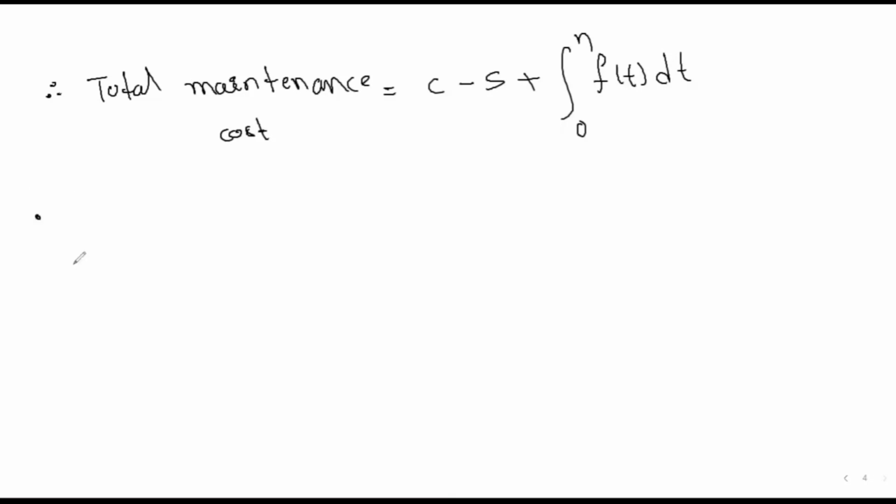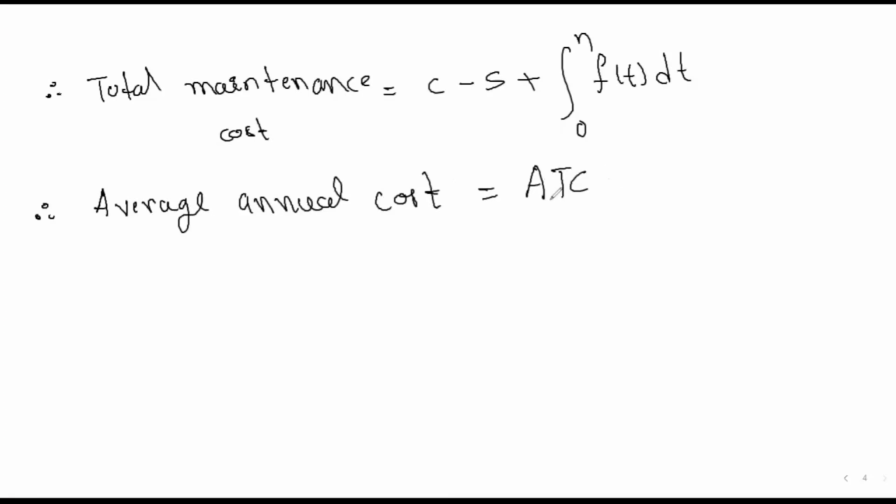Therefore next, average annual cost. That notation is average ATC, average total cost, that is for the entire n years, so that's why it is n.